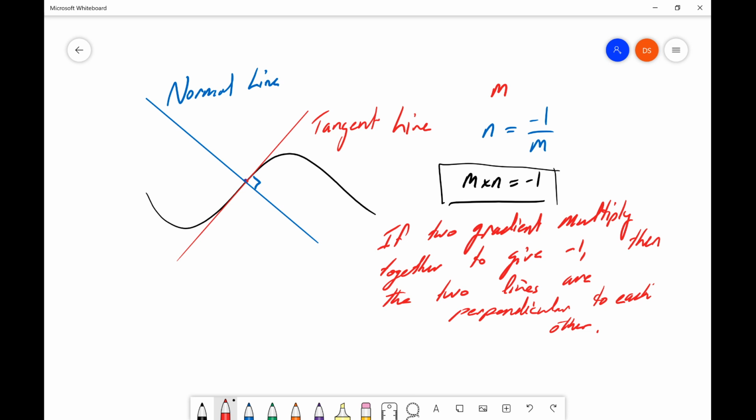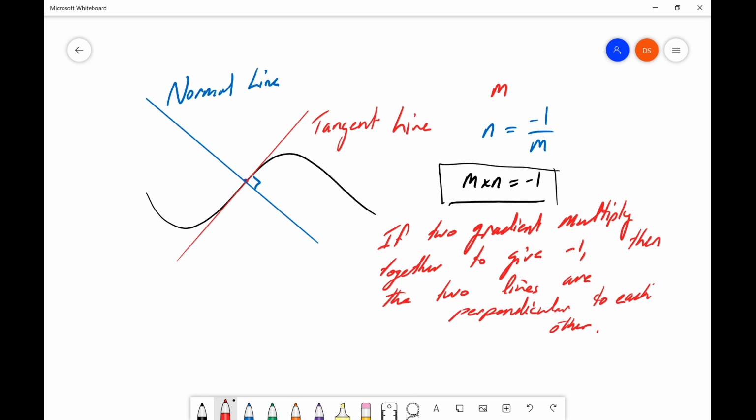So it's really important that you notice this relationship between these two. A tangent line and a normal line are really important for a point, but for any two lines, if you're walking down the street and you run into a line and you run into another line and their gradients multiply to -1, then those lines are perpendicular. And that's really, really cool. And that's what's really important about tangent lines and normal lines.